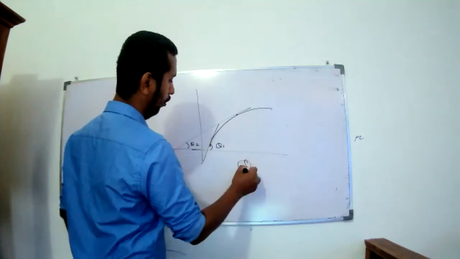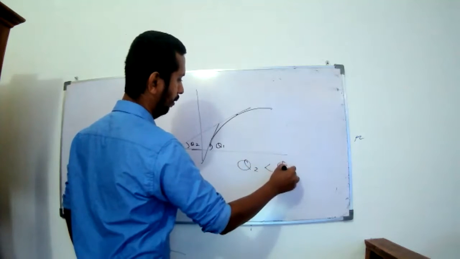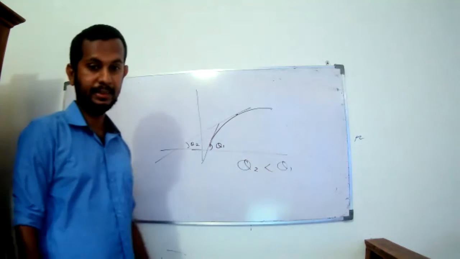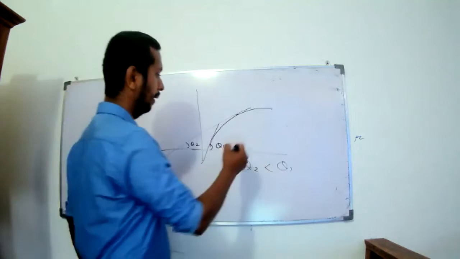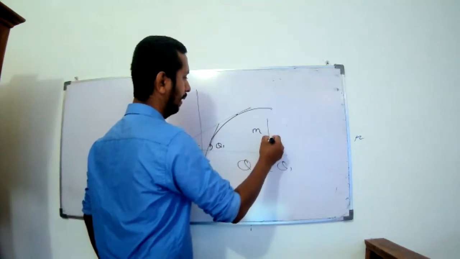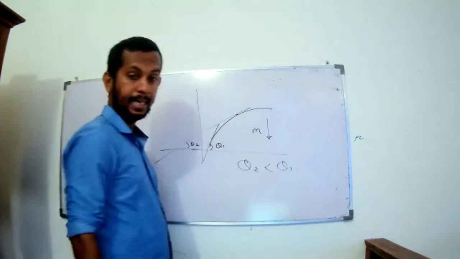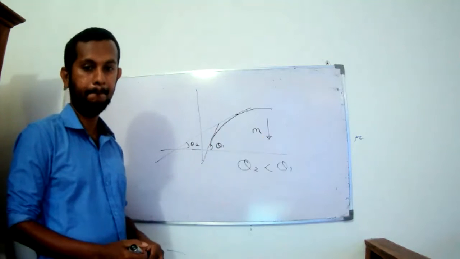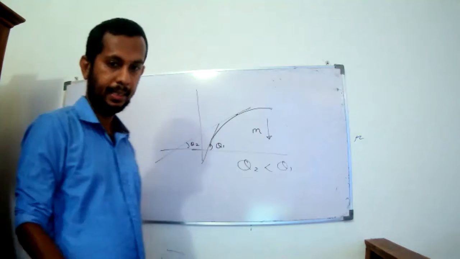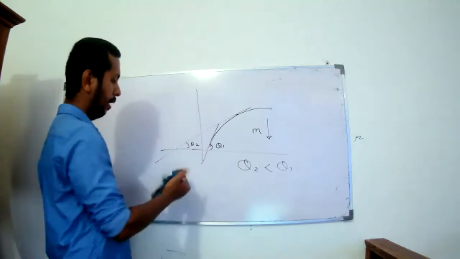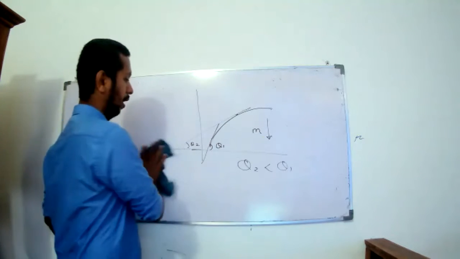You can say theta 2 is less than theta 1. So here, gradient is decreasing. Gradient is decreasing here, right? So now I am going to discuss two more graphs.